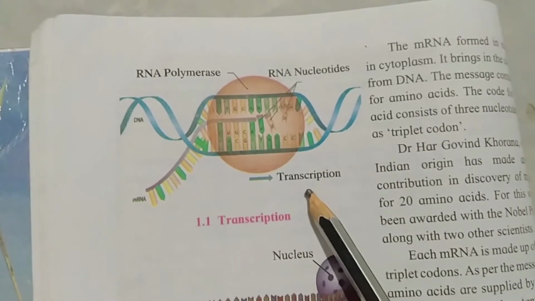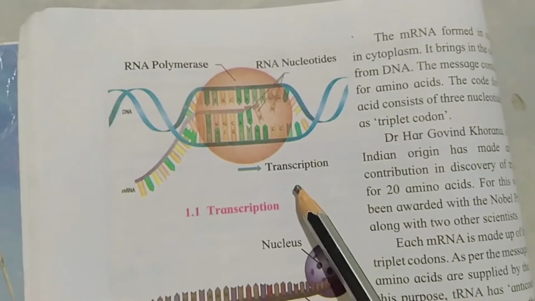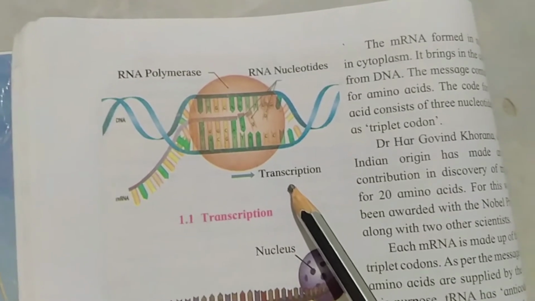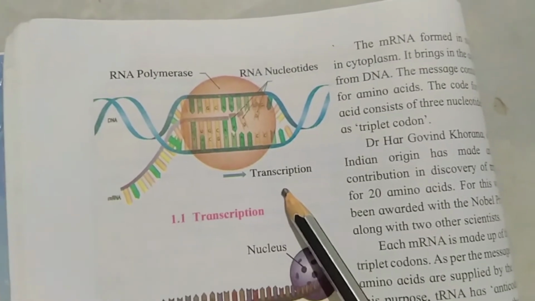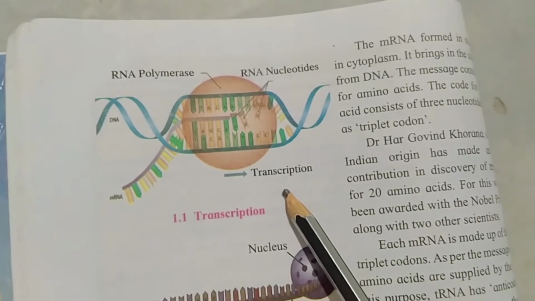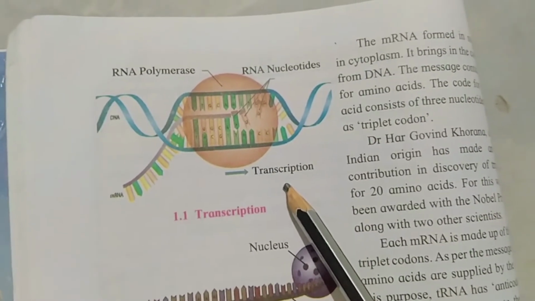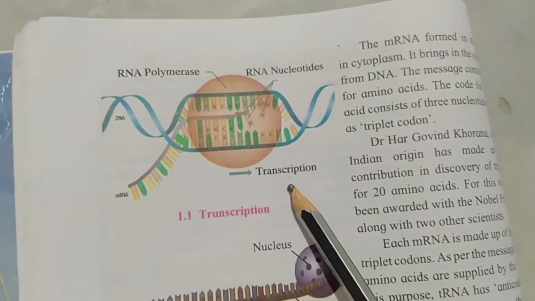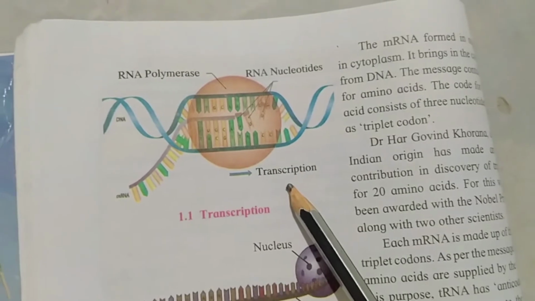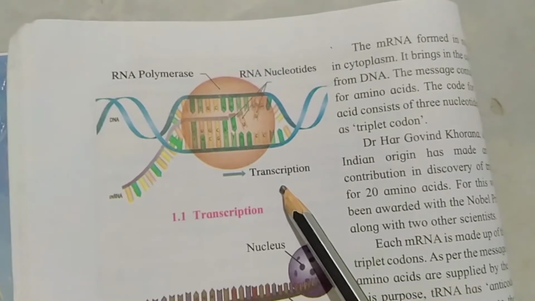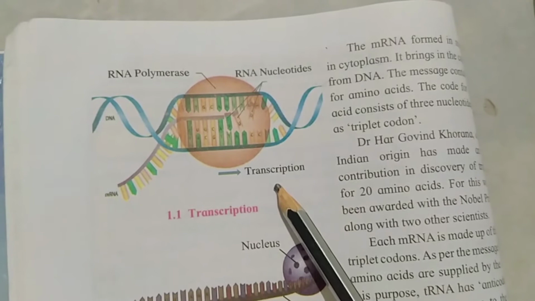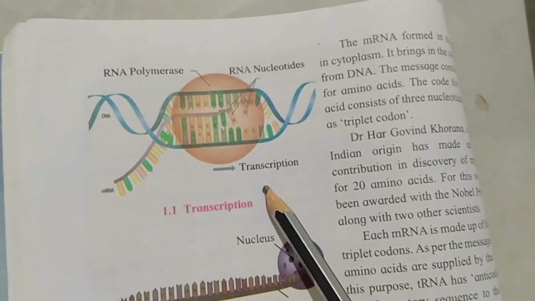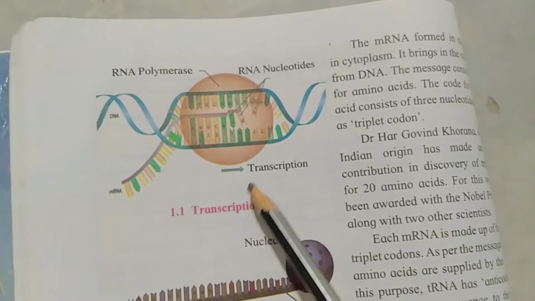As you know, in a Xerox machine, we keep the original document and we get a Xerox copy of this original document. The Xerox copy is like the original document, but it is not the original, it is a Xerox copy.